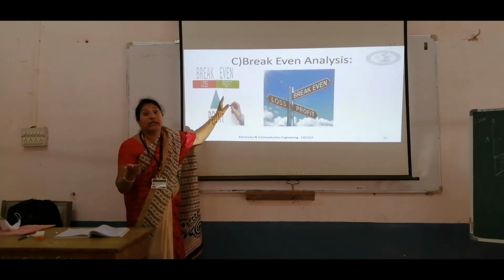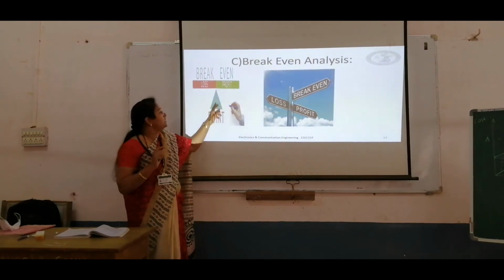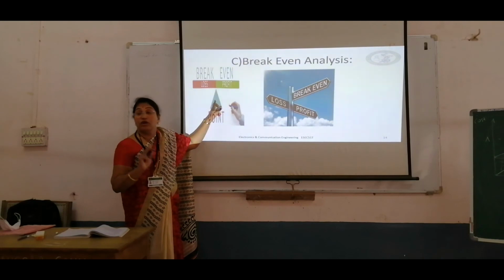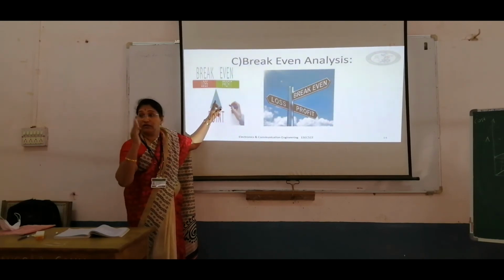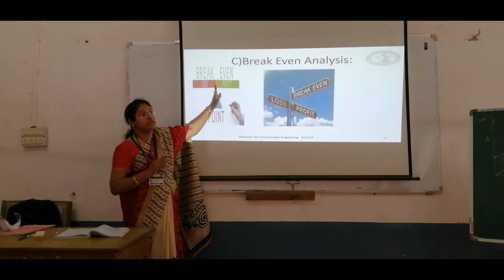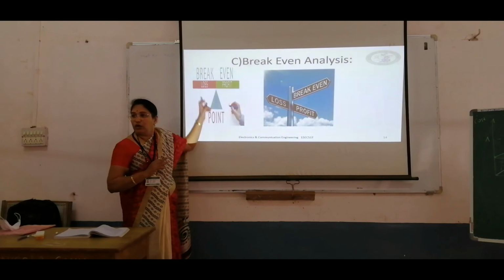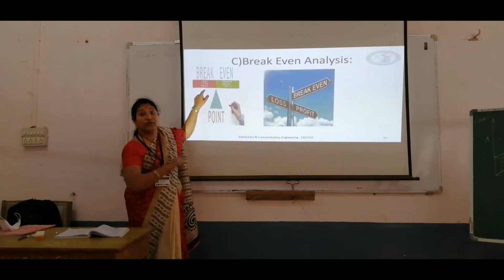Suppose we require 50 transformers, what is the break-even point? 100. We need 50 transformers for manufacturing the power supply. Then where does 50 lie? 50 lies below this break-even point. If it is less than the break-even point, what is that? It is a loss for the company.